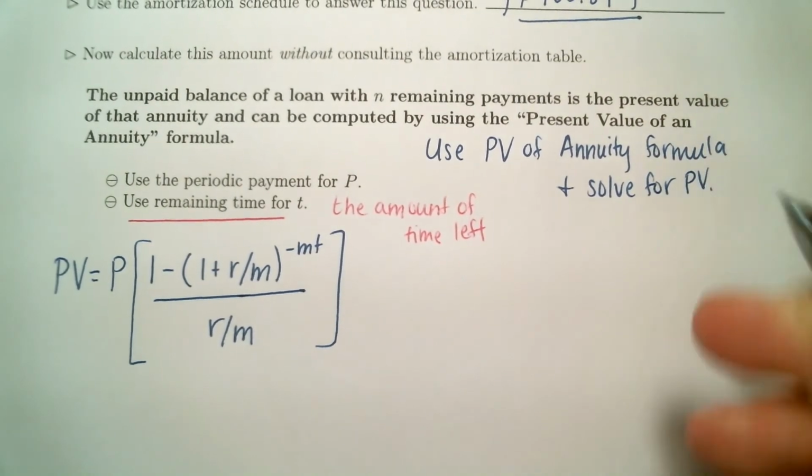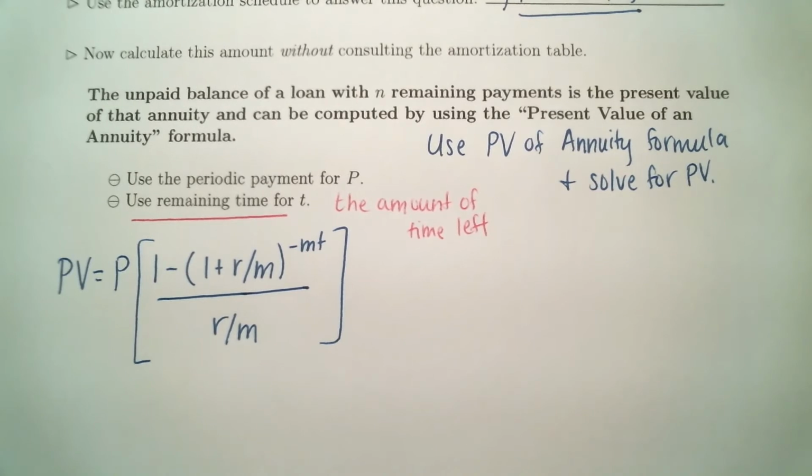That is how you handle an unpaid balance problem. P is going to be the amount of your regular payment, and you have to use remaining time.